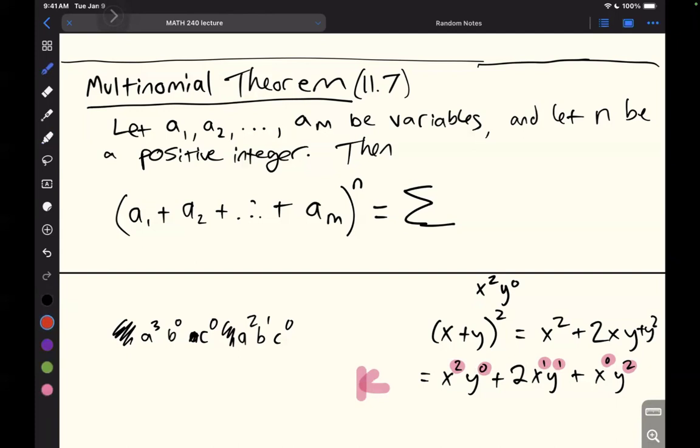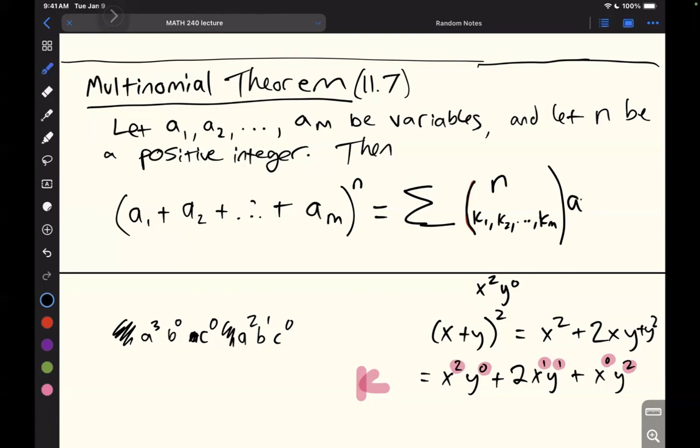And so let's go back to the actual theorem. So this is going to be n choose k1, k2, so on to km. And so we're going to have some number, the coefficient, and then we're going to have the combination of variables raised to some exponent.